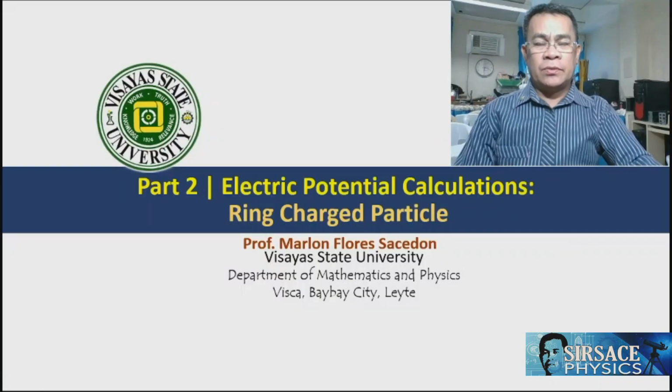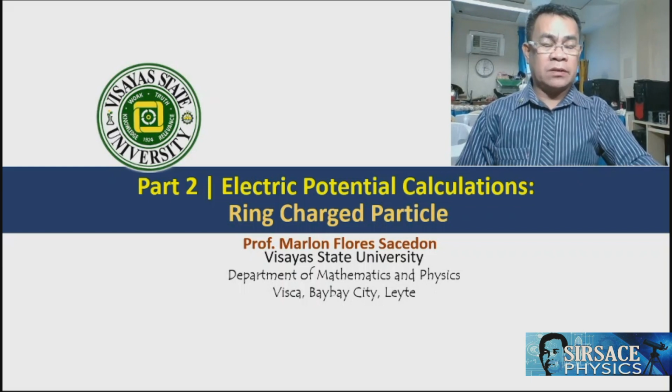In this video, we will calculate again the electric potential, and this time we will find the potential using the ring charge, which means that we will derive a relation for the electric potential of a ring charge from the center of the ring.